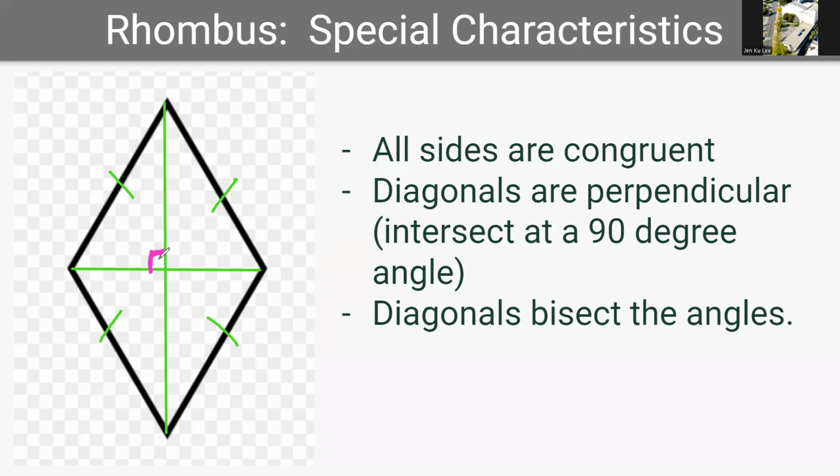Okay, and the final characteristic that a rhombus has is that the diagonals bisect the angles that they cut. So this diagonal here, going from left to right, they're equal to each other. And since this whole angle is congruent to this whole angle, they're all equal to each other. Okay, likewise for these guys as well.